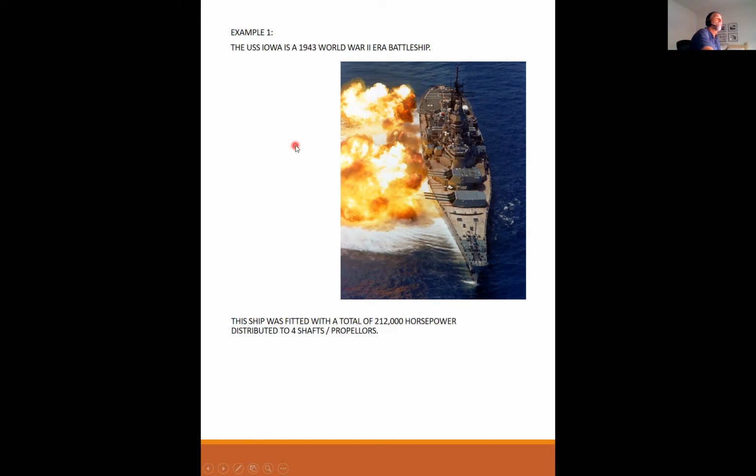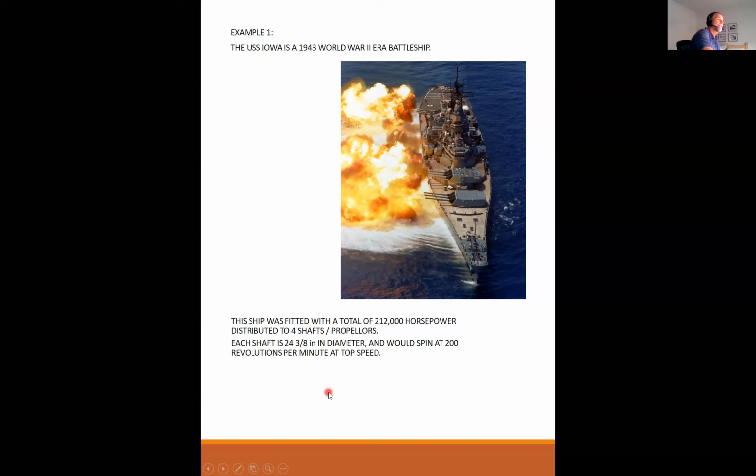All right, so this ship, built in 1943, was fitted with a total of 212,000 horsepower. Pretty good. That's a little bit more than my motorcycle. And all that power was distributed to 4 drive shafts or 4 propellers.